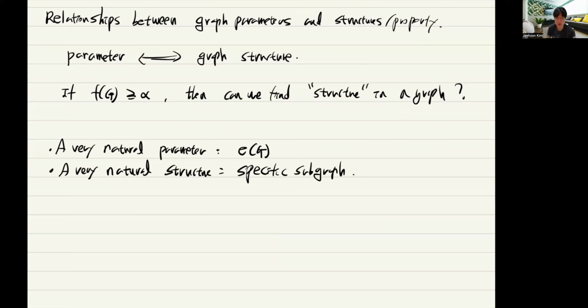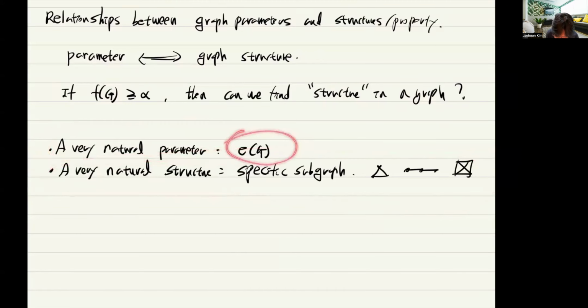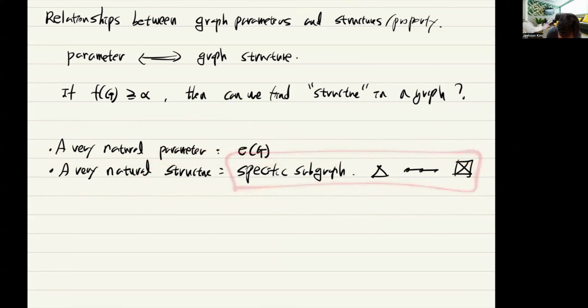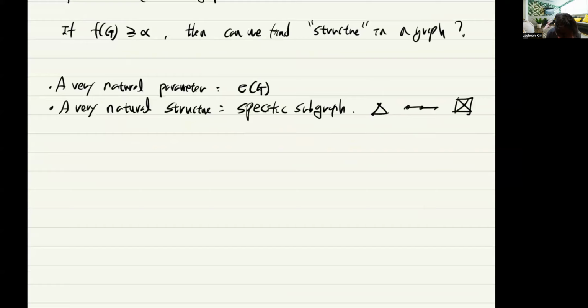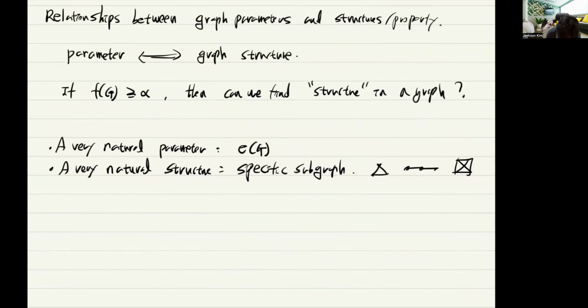You can consider a specific graph like a triangle or path of length 2 or K4, etc. If you study the relationship between this parameter, the number of edges, and the subgraph structure, then you will get what's called Turan theorem. And we will talk about that first.